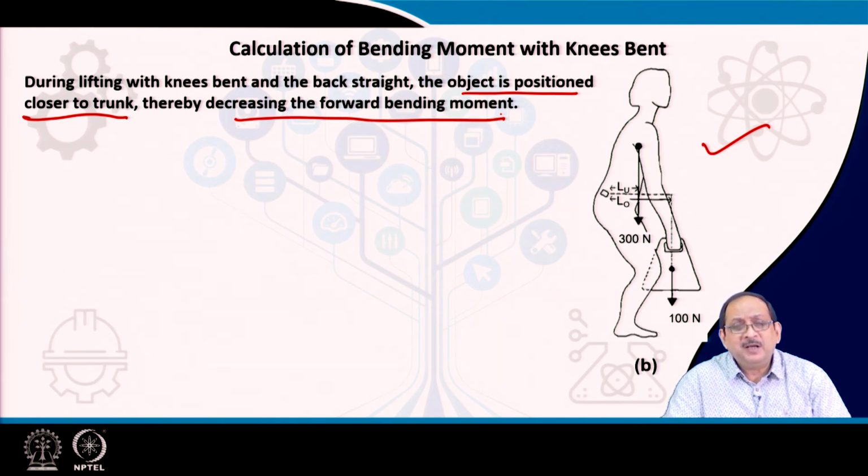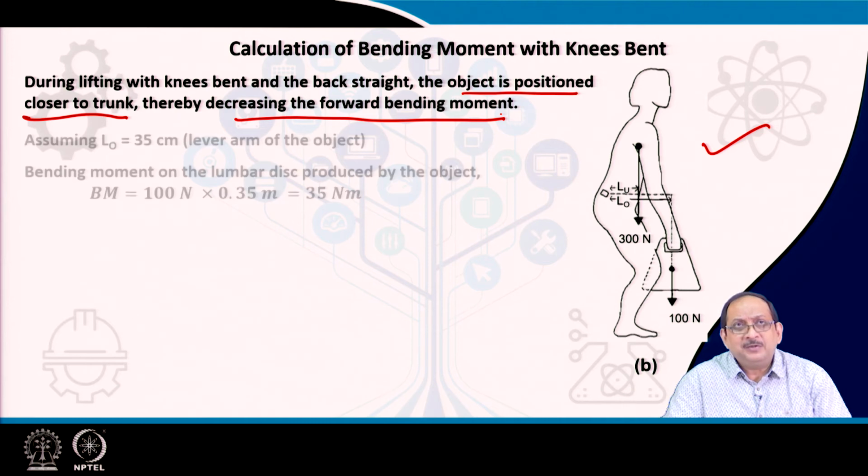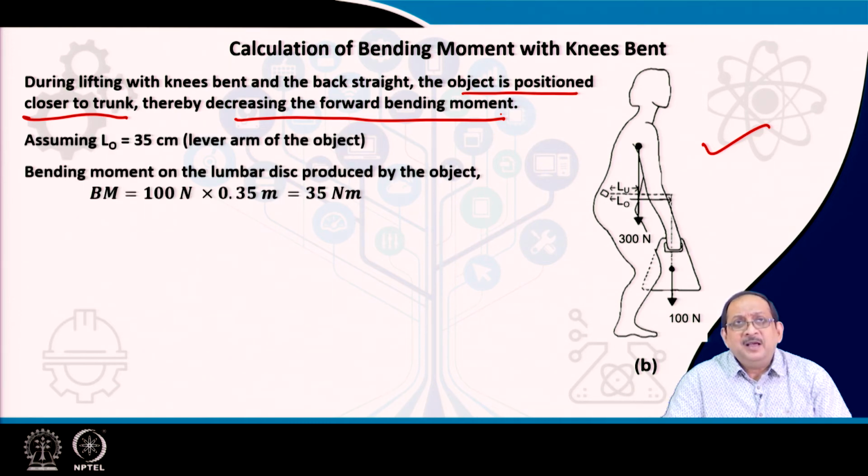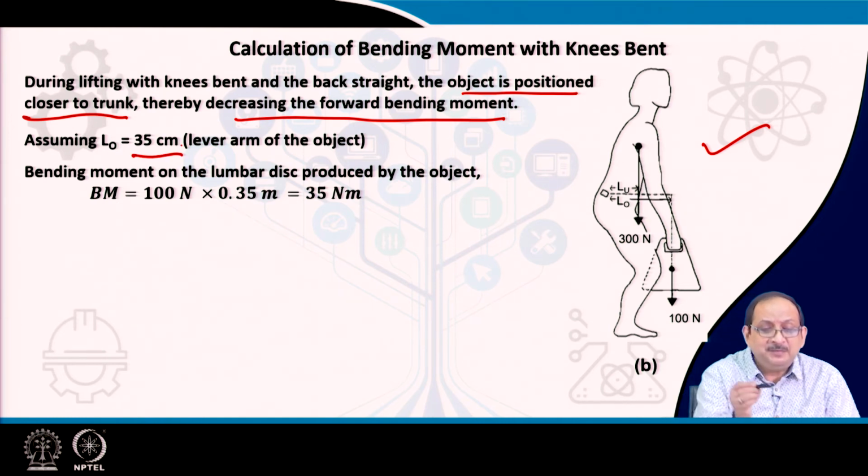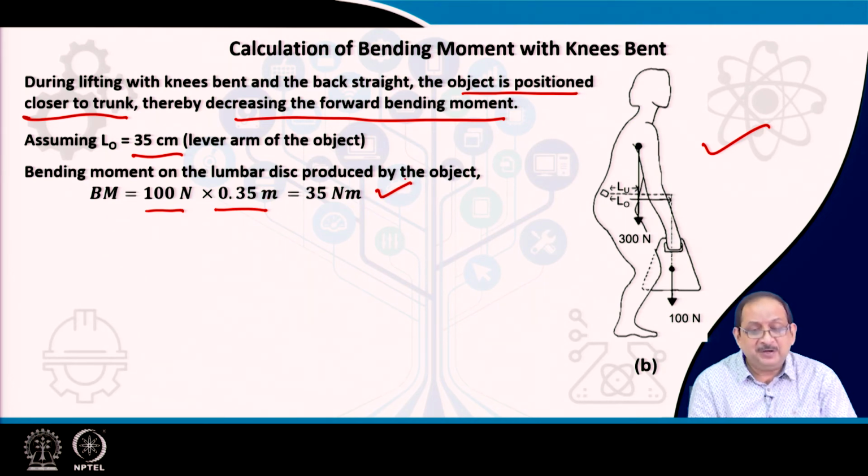This can be proved by the following calculations. So, assuming the lever arm of the object as 35 centimeters, the bending moment on the lumbar disc produced by the object is 100 Newton multiplied by 0.35 meters, which gives me 35 Newton meter as the bending moment.